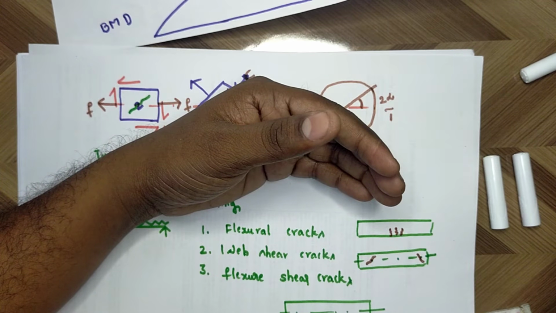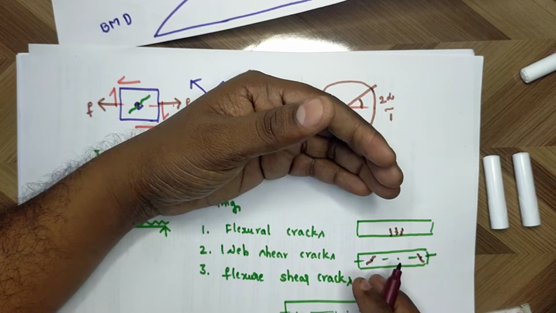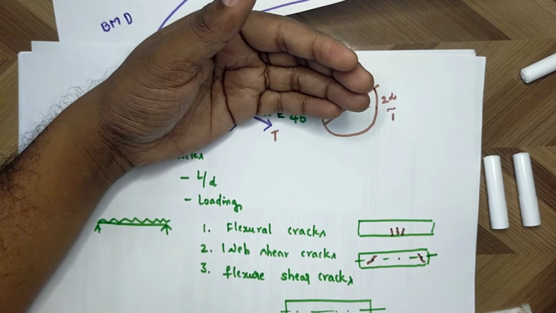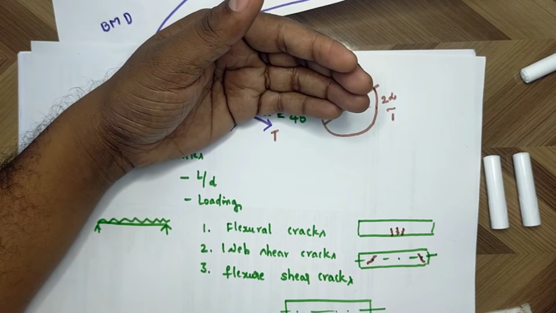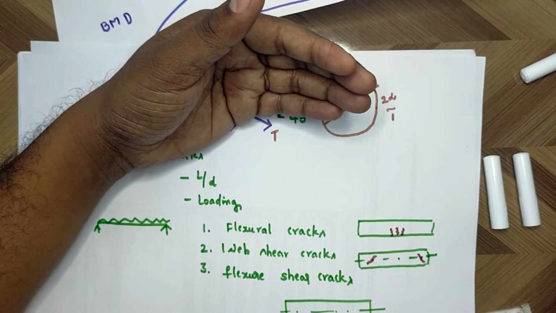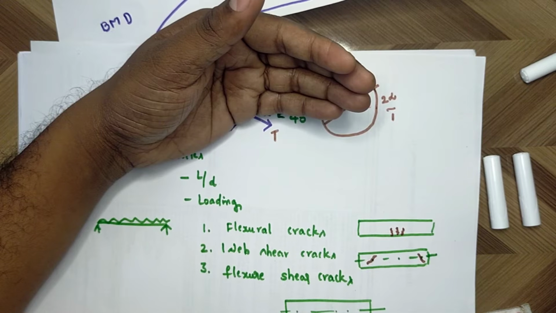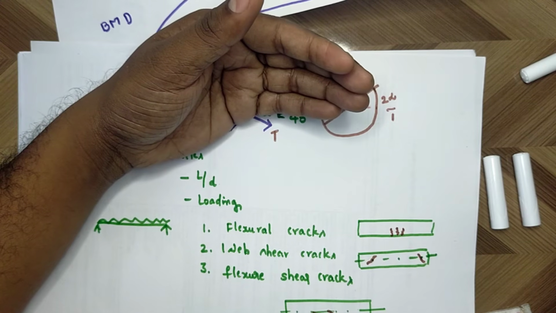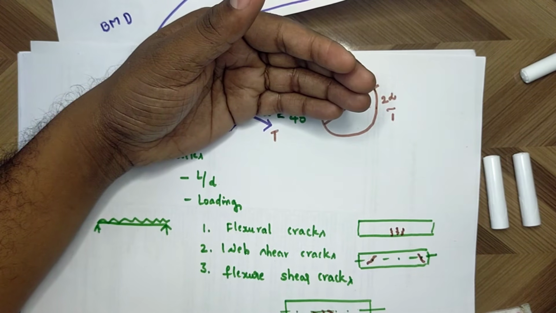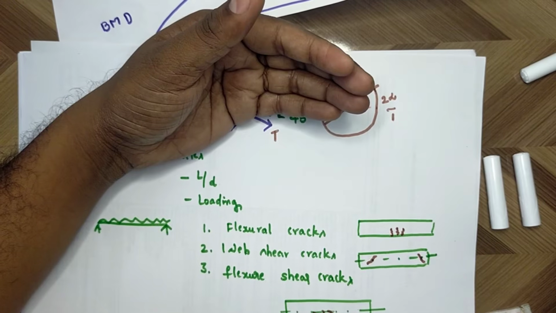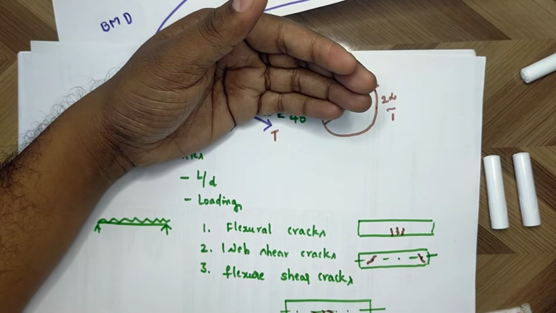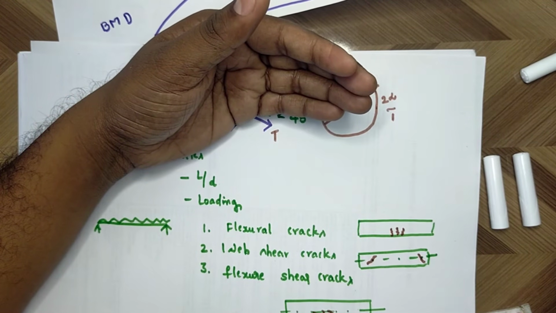Over time, with the influence of loading and propagation of cracking, the shear will also influence these cracks. It will take the shear crack shape, bending at an angle of 45 degrees. We may call it a flexure shear crack.